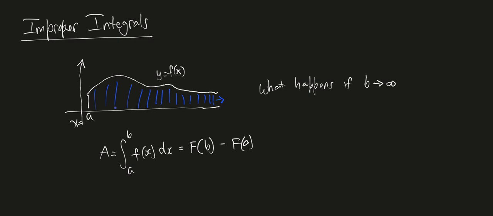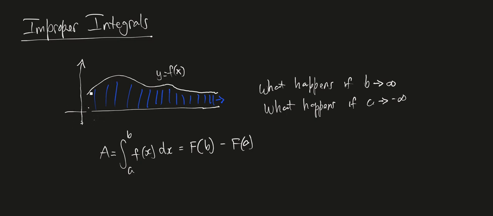And then not only that, but what if a goes to infinity? That could be not infinity, but negative infinity. So what happens if, let's say, your lower limit goes to negative infinity? Instead of stopping here, what if it never stops?